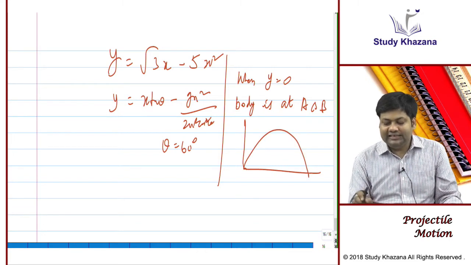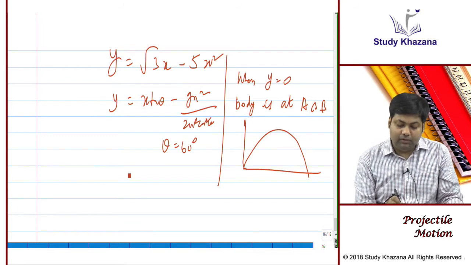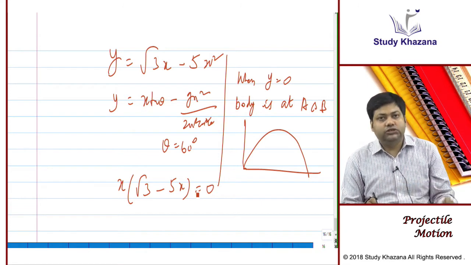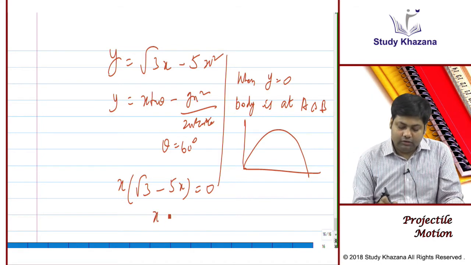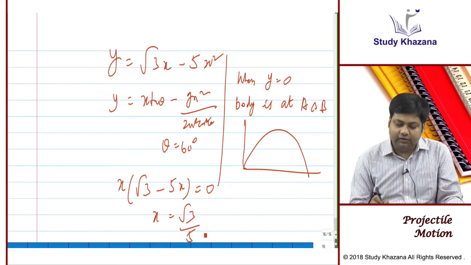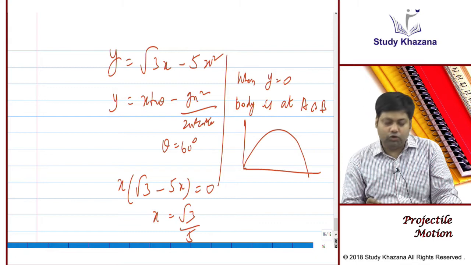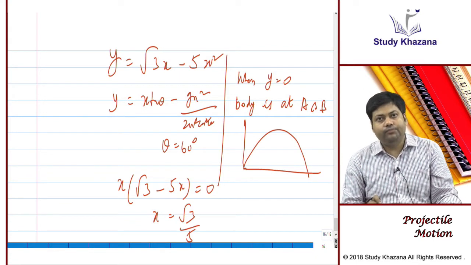So when the body is at A, obviously that is t equal to 0. But when the body is at B, when you put y equal to 0 and take x common, you will get two values of x. One value of x is 0, which is of course the time t equal to 0, and the other value of x which you get is root 3 by 5, and this is the value of the range which you can calculate. So obviously these are the aspects which we need to focus on.